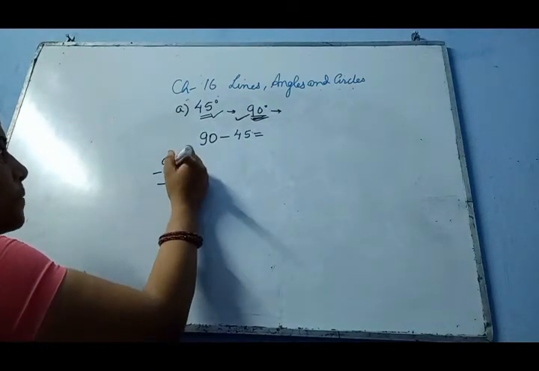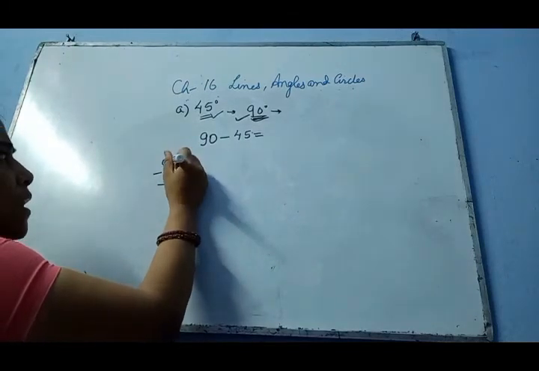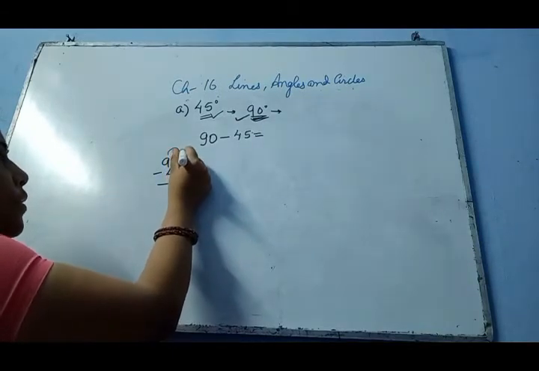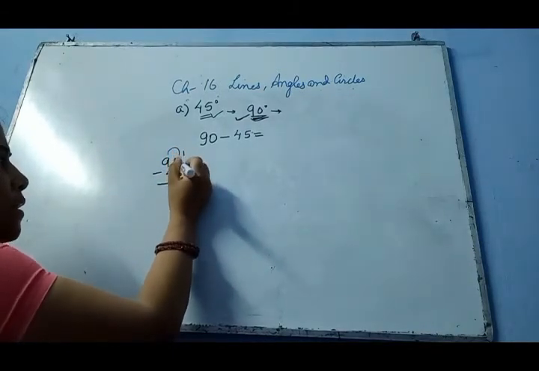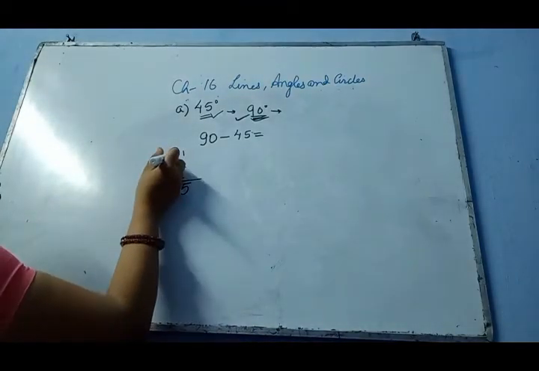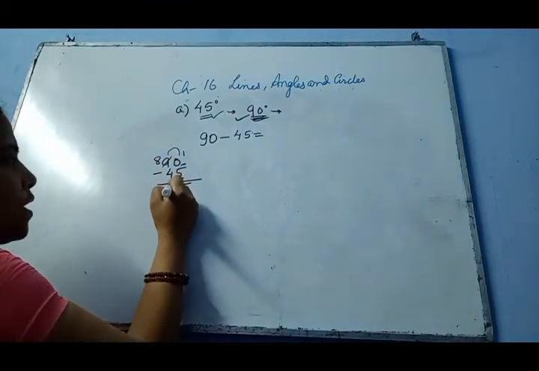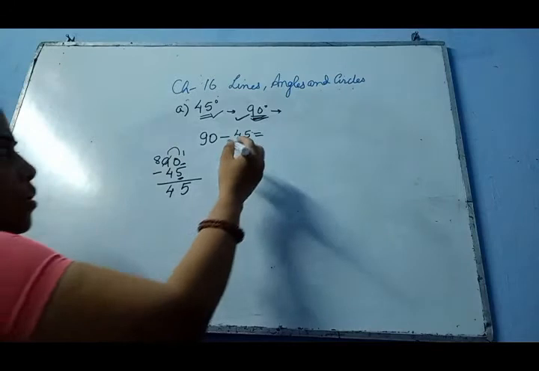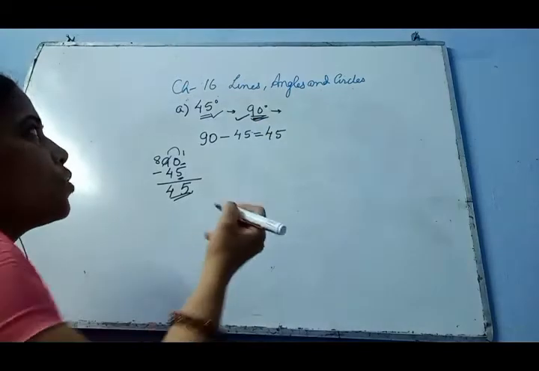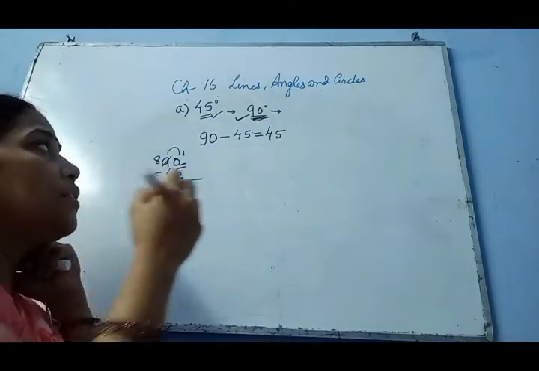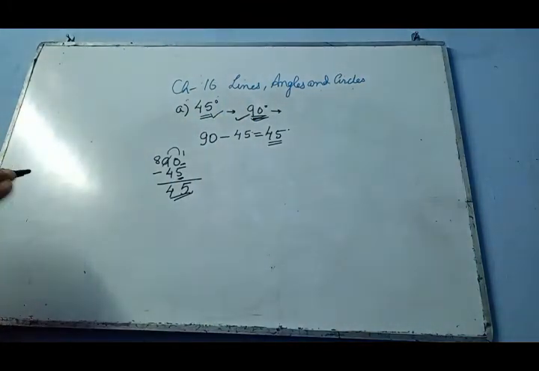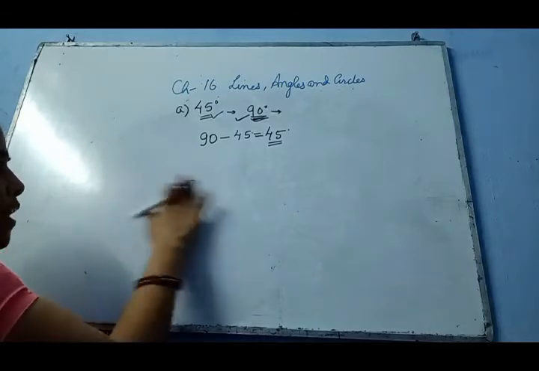This is 0 and this is 5, it cannot be subtracted, so we take 1 and make it 10. Now 10 minus 5 is 5. This was 9, it became 8. Now 8 minus 4 is 4. So 90 minus 45 gives 45. So the complementary angle of 45 degrees is 45 degrees. This is the way we find the complementary angle of a given angle.